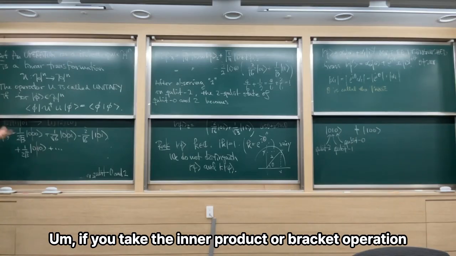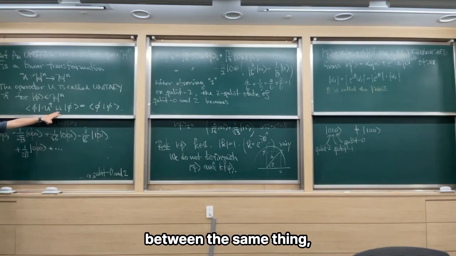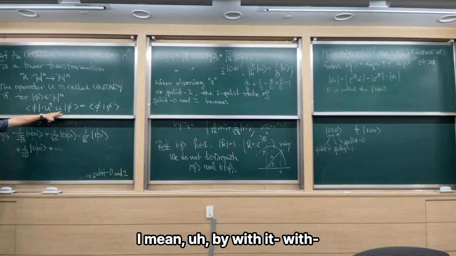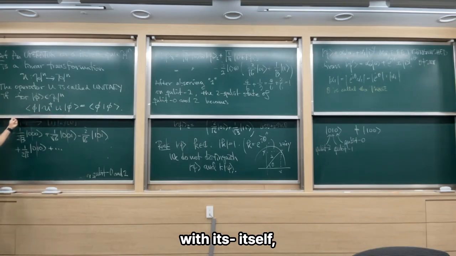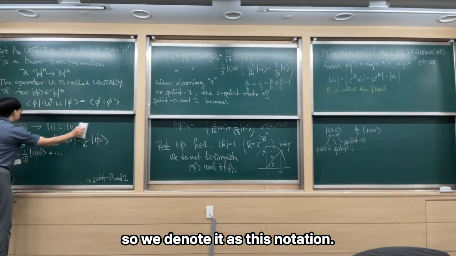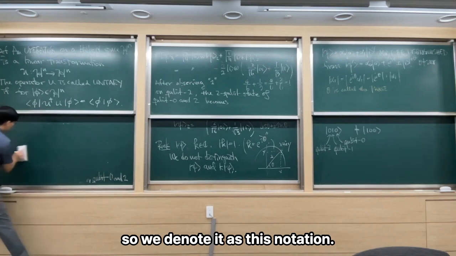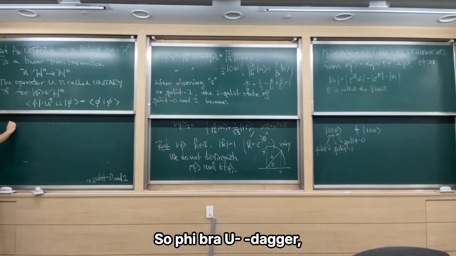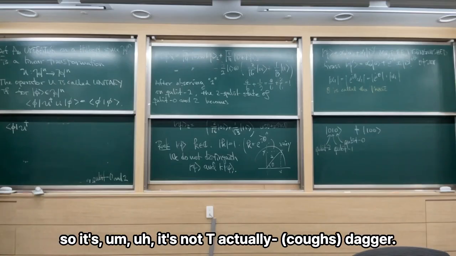If you take the inner product or bracket operation of the same thing with itself, we denote it with this notation: phi bra U dagger. It's not T, actually it's dagger.